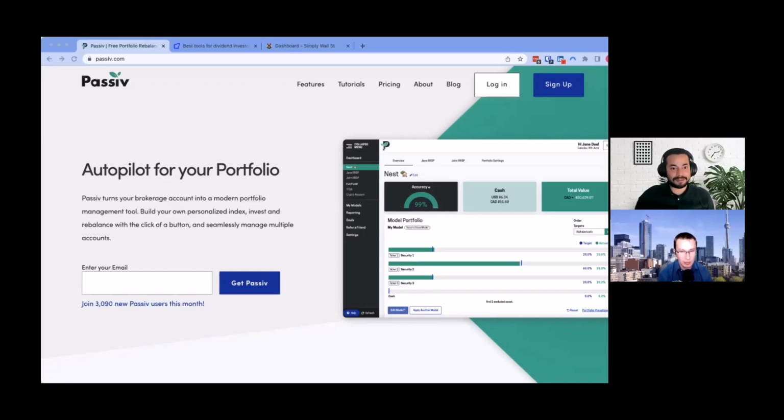Passiv is also part of another talk we have at the Summit, where I'm with the other co-founder, the other Brendan, and we do a case study of my portfolio. Like I said, I've been using Passiv for years now. I used to use spreadsheets to rebalance, and now I just use Passiv. It's recorded live, in my portfolio, and I show how I have things set up and how I automate and optimize things.